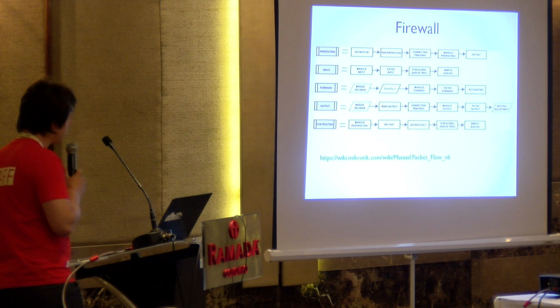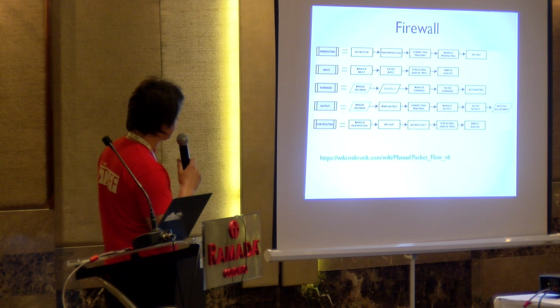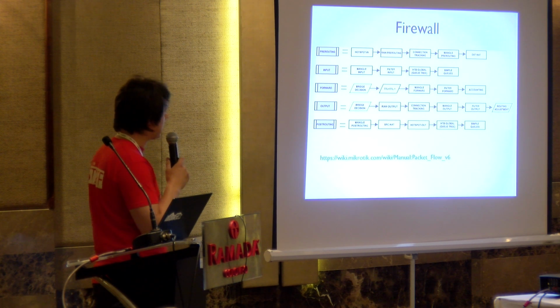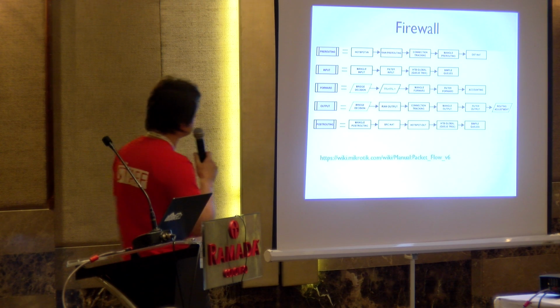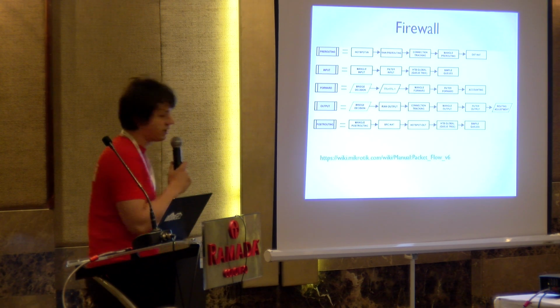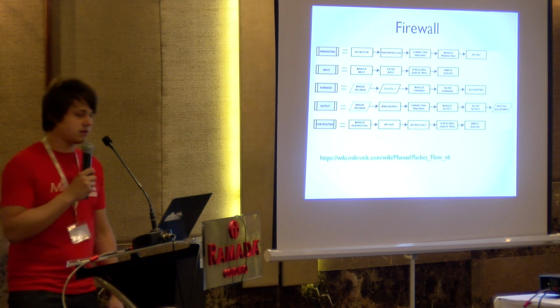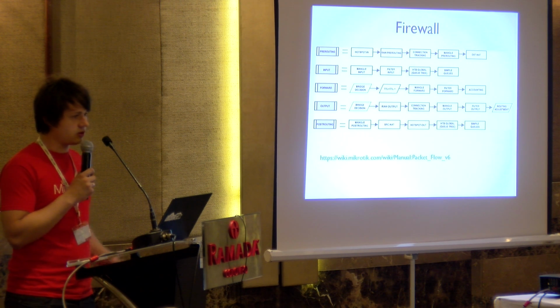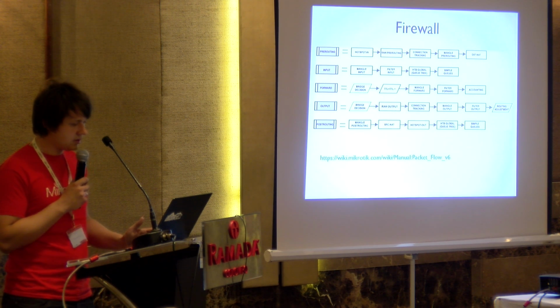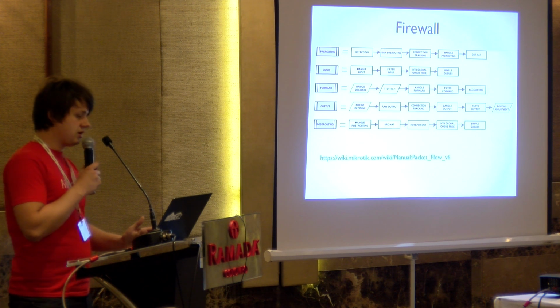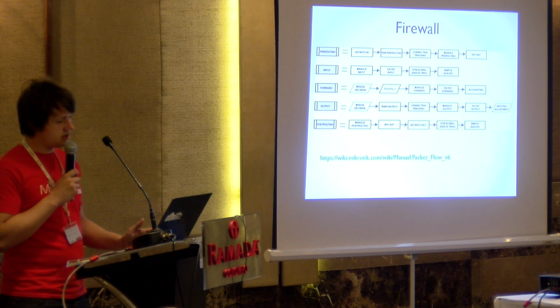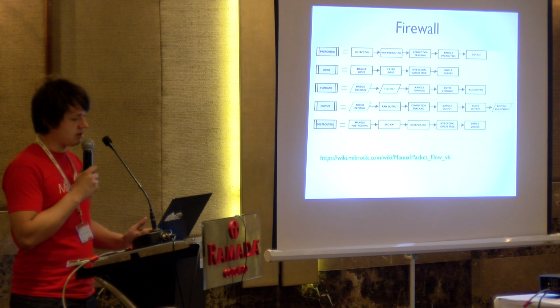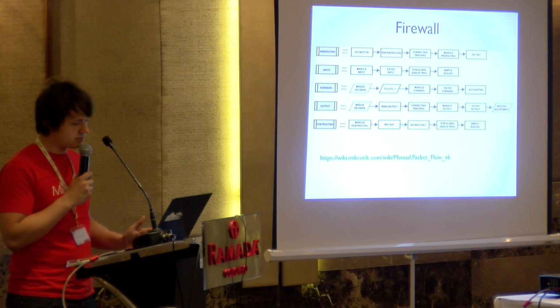And this is the view of how firewall works. There are 5 main firewall chains. First 2 are responsible for protecting the RouterOS itself. Pre-routing, forward, and post-routing are responsible for protecting your customers.